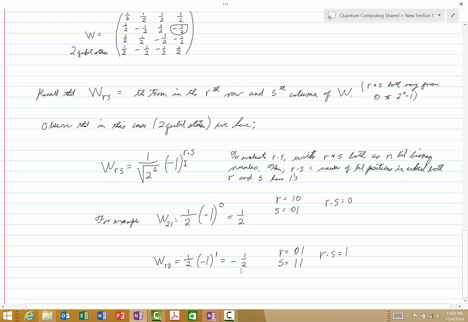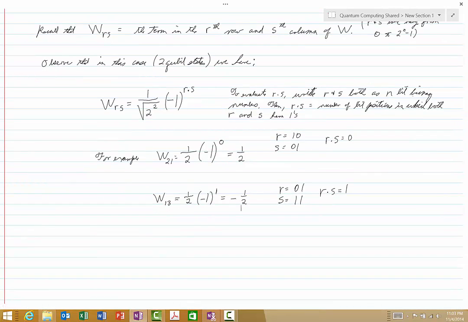So, and I'll leave it to you to verify that this formula is correct for all of these. And in fact, the formula for W is general.